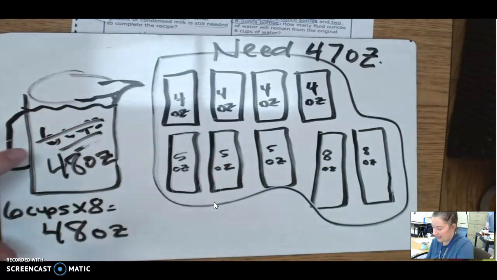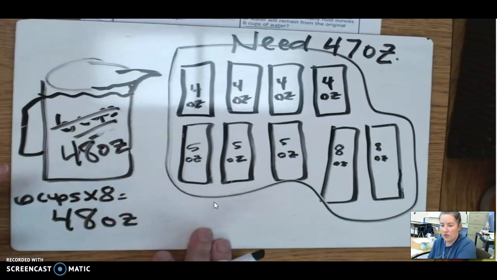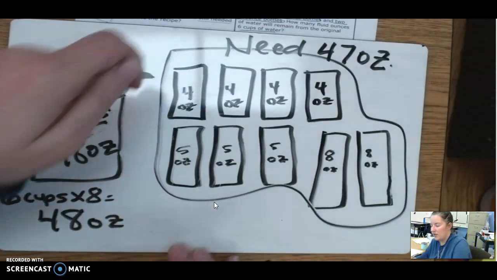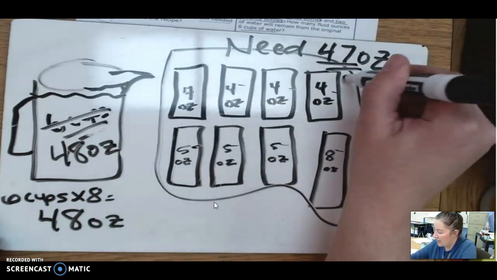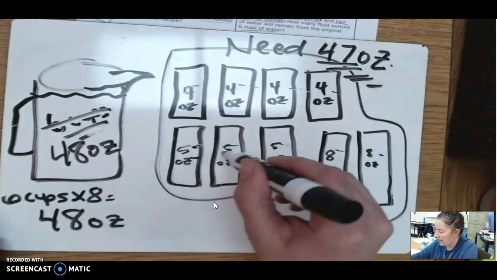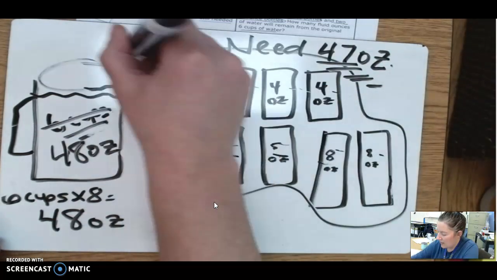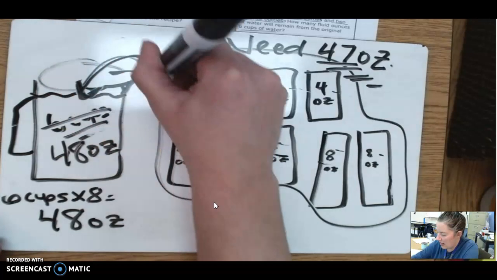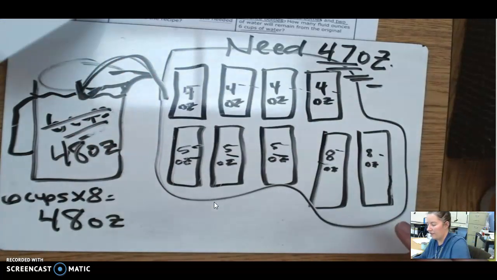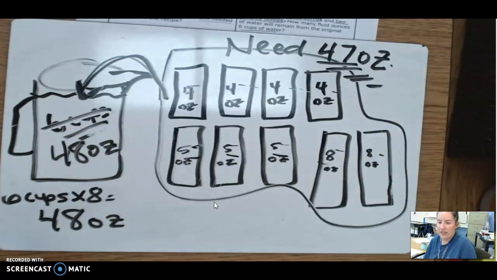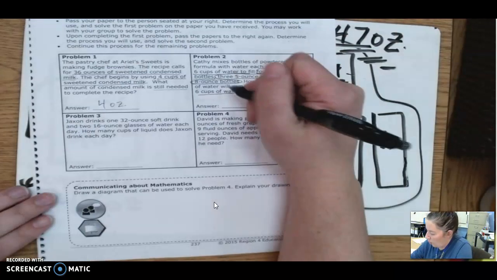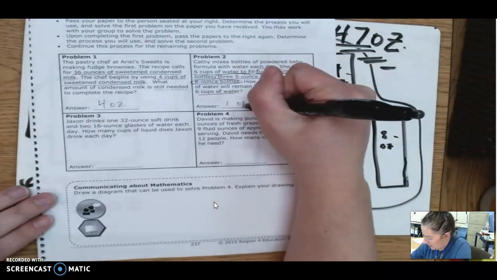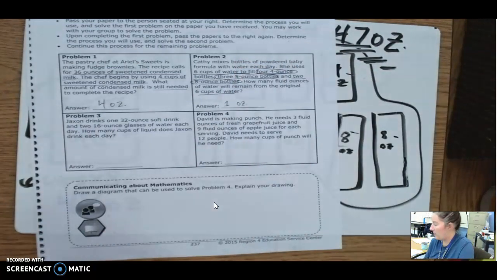So instead of saying 6 cups, we're going to say 48. All right, so she has 48 ounces. She fills all of these up, and it's going to take 47 ounces to fill all these up. How much is going to be left in this pitcher after she has filled all of those up? 48 minus 47, how many ounces are going to be left? She should just have 1 ounce left in that pitcher.